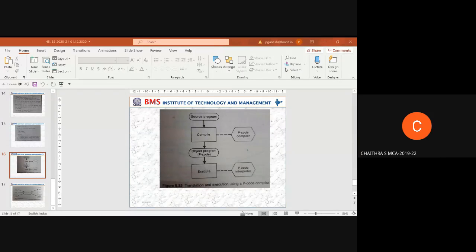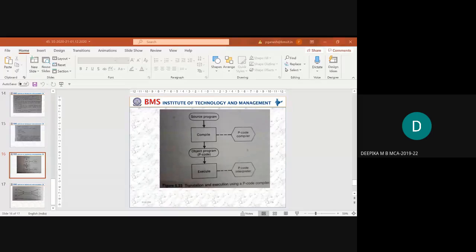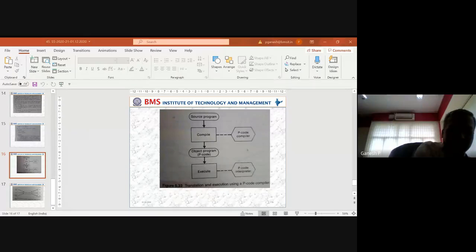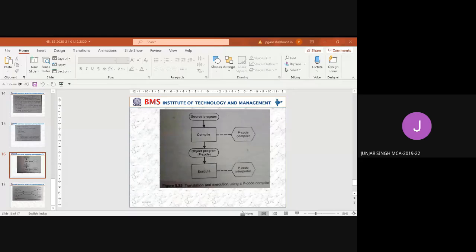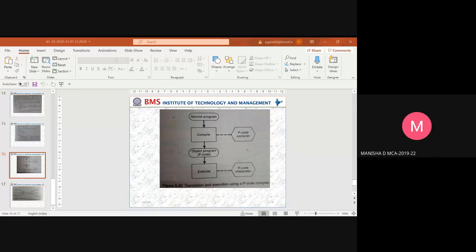Chaitra, Present, sir. Chatterjee, Present, sir. Diksha, Present, sir. Deepika LG, Present, sir. Deepika MB, Present, sir. Gangubai, Present, sir. Guriya Kumari, Present, sir. Harshit, Present, sir. Kavya, Present, sir. Kishore, Present, sir. Manisha, Present, sir.